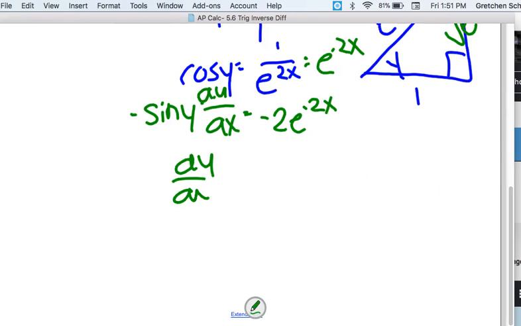So then dy dx, numerator, denominator, the negatives will cancel.